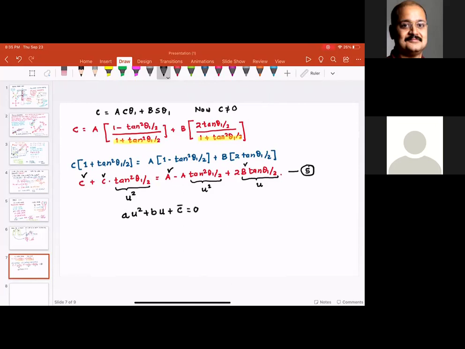So this is a quadratic equation with only unknown being U.